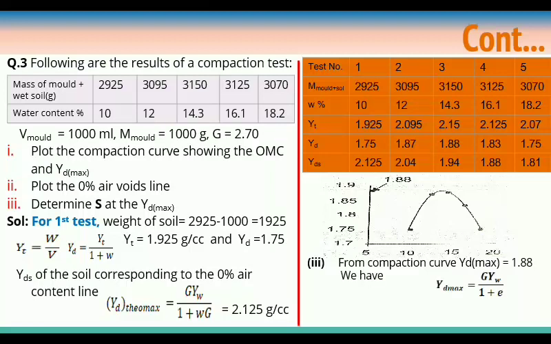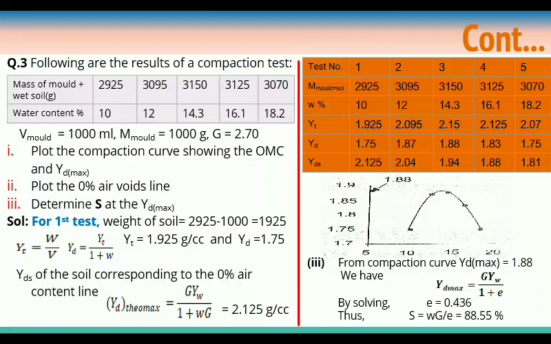Okay. For gamma d maximum, by formula we know gamma d equals G gamma w over 1 plus e. Using this formula we can calculate e, the void ratio, and we get 0.436. Then we can calculate S. We have the formula eS equals Gw, so S equals Gw divided by e.